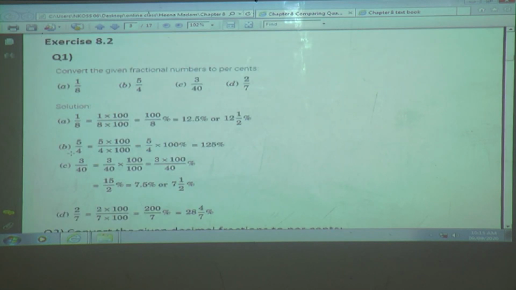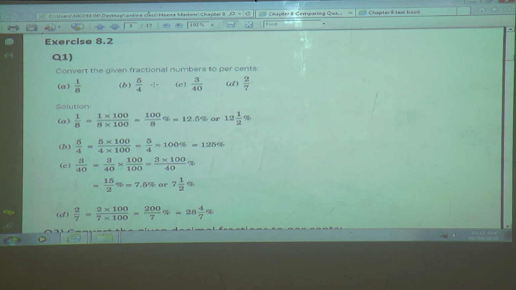We will see some conversions, converting given fractional numbers to a percent. You know percentage, you are very familiar with fractions. To convert into percentage means we always have to compare it out of 100.